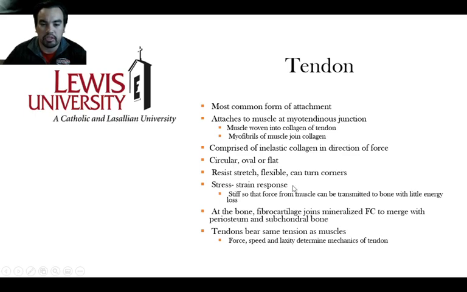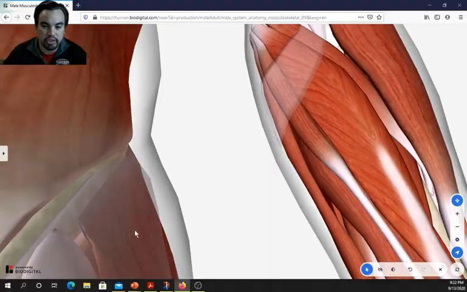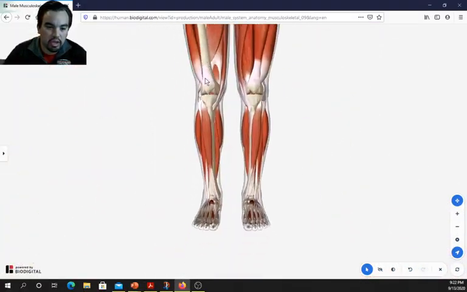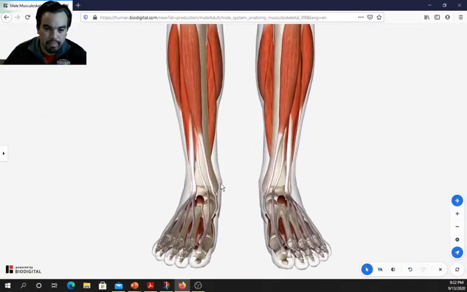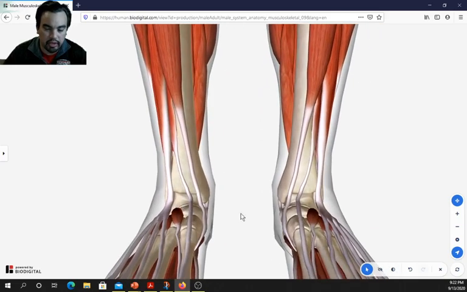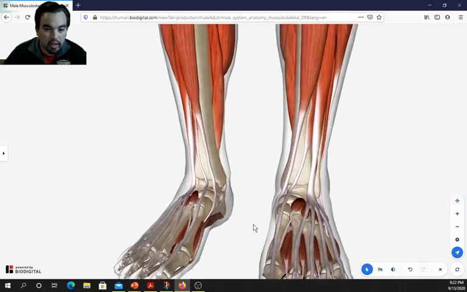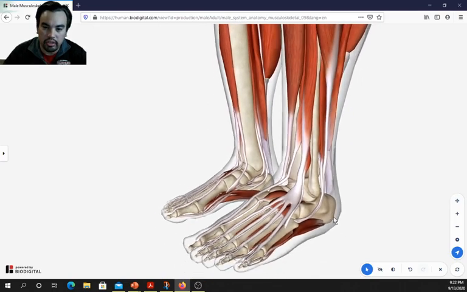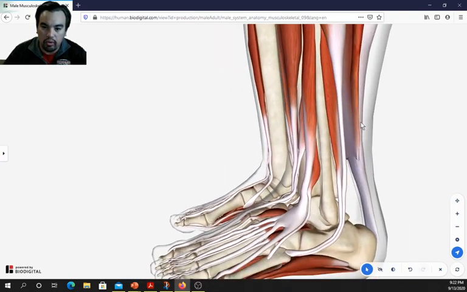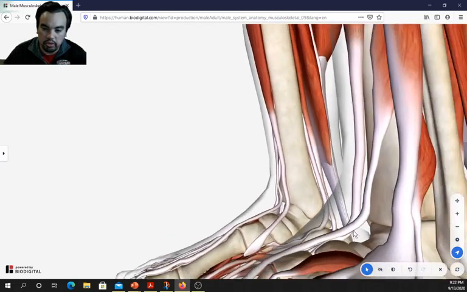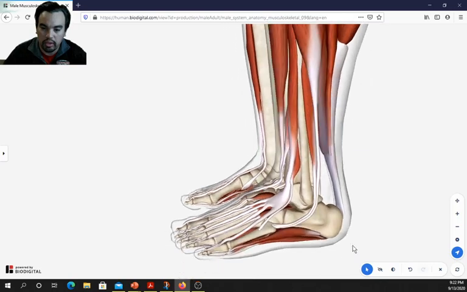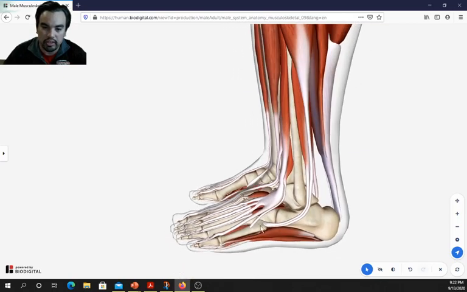Typically, tendons are circular, oval, or flat. They resist stretch, they're flexible, and they can turn corners. And that's important as we start looking at leverage and how those things occur. Because you look down here on our ankles, right? Look how they turn as they move around our lateral malleolus here, as the tendons move around our calcaneus and our Achilles.